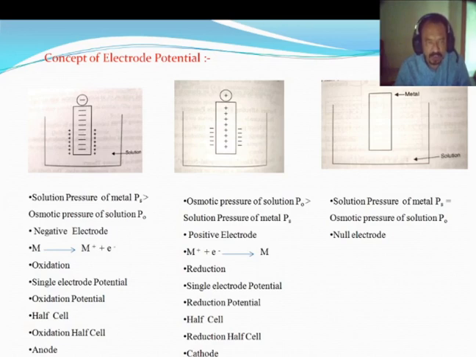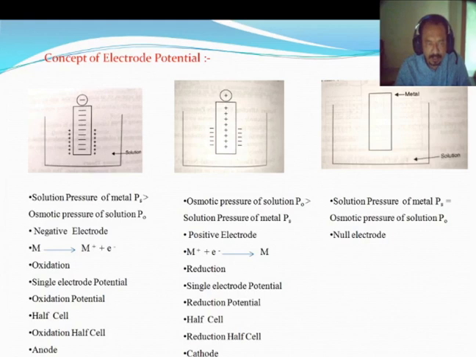Now due to this electrical double layer, a potential is developed on the metal rod. Now that potential is called an electrode potential or a single electrode potential. Now this potential is due to the oxidation reaction, hence it is called an oxidation potential.